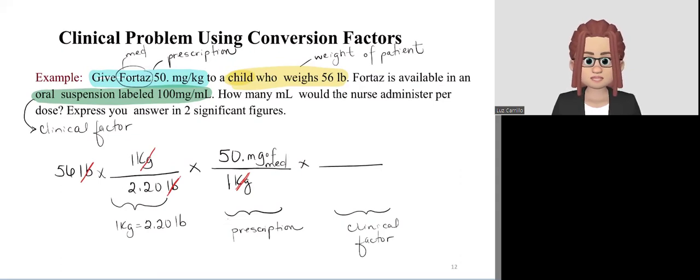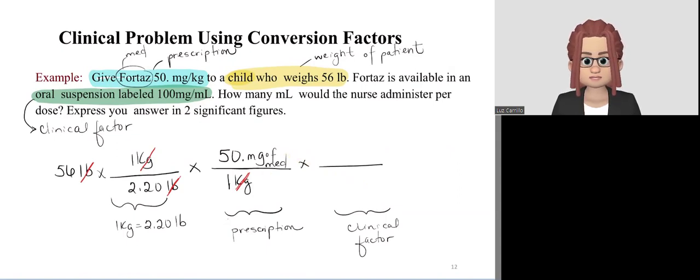And when we're using our clinical factor, we're trying to cancel the units of mg of medication. See that our suspension comes in mg of medication per milliliter. So what that means is that out of these two numbers, we need to diagonally cancel mg of medication.